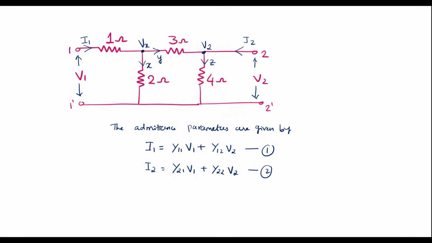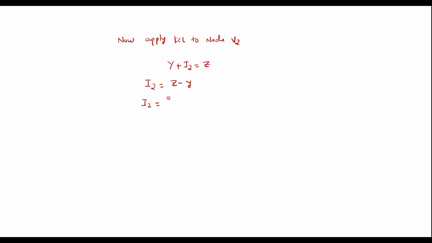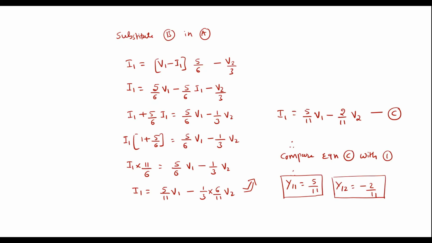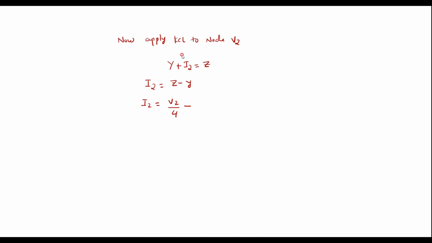Z is nothing but V2 divided by 4, minus Y, where Y is nothing but Vx minus V2 divided by 3.